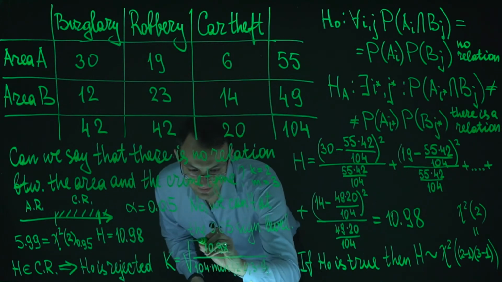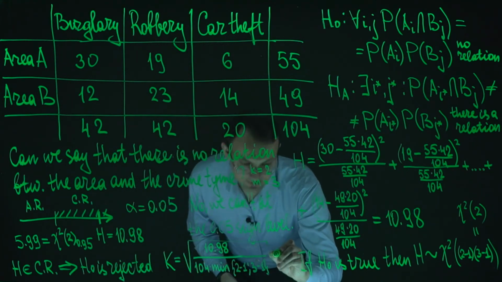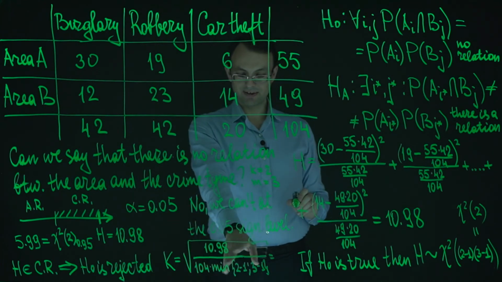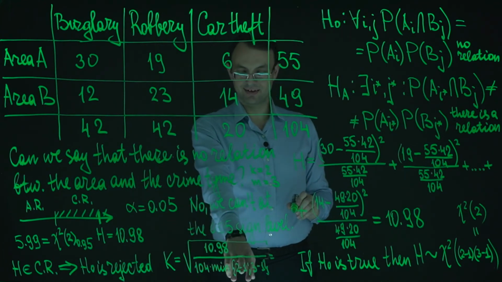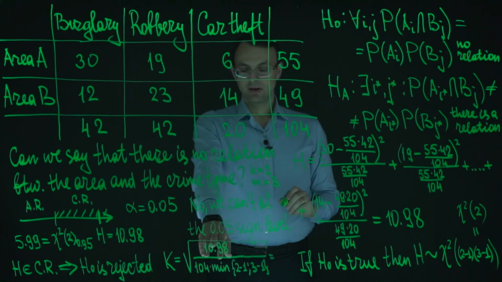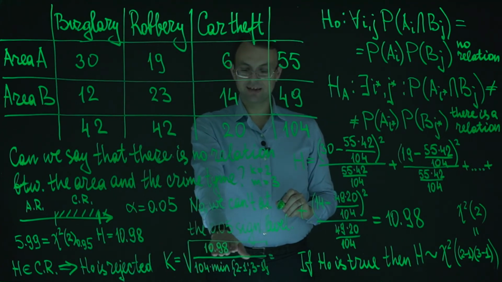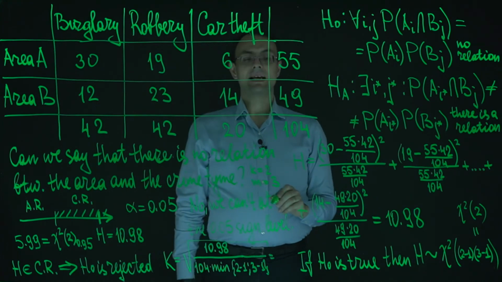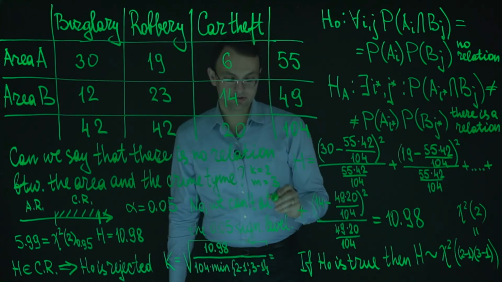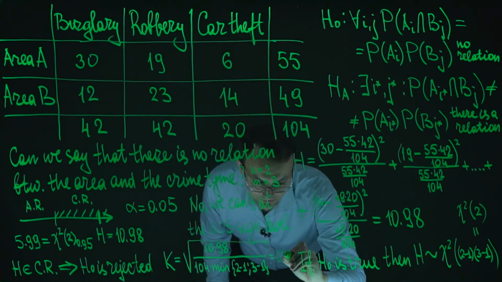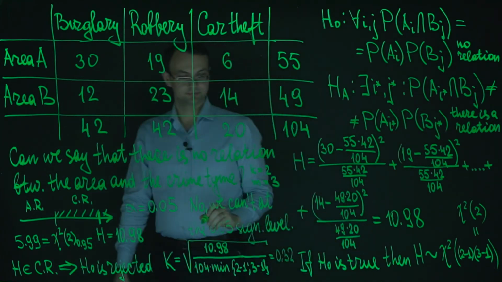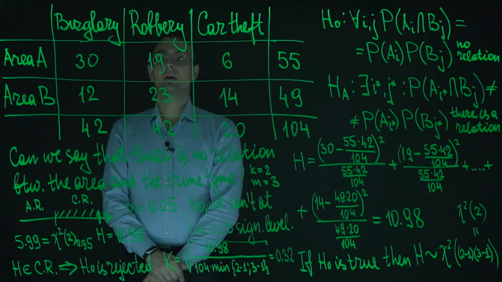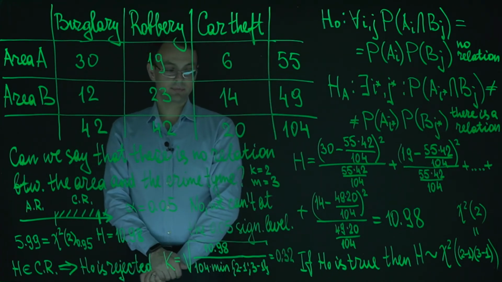And finally, if we calculate this, this minimum simply disappears as it equals 1. So it is 10.98 divided by 104, and the square root of all this. And so the final answer is 0.32. So this is the Cramer coefficient for this contingency table.